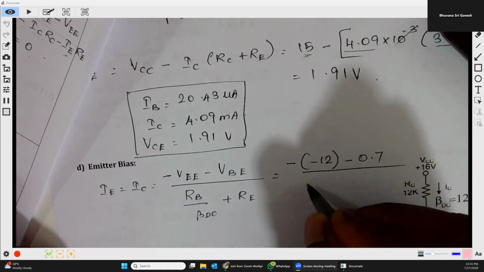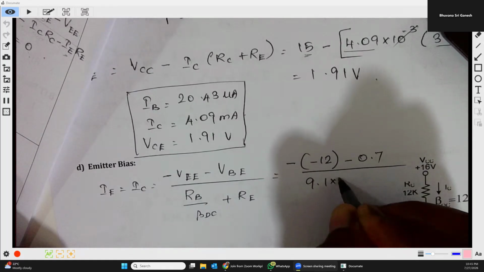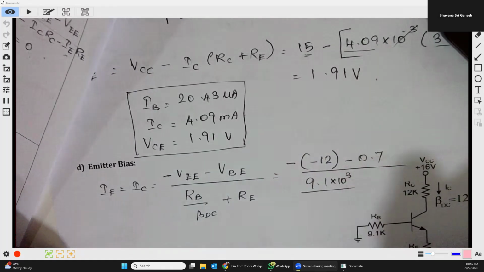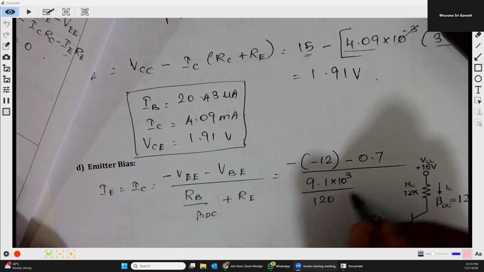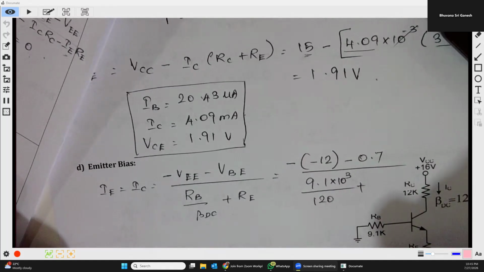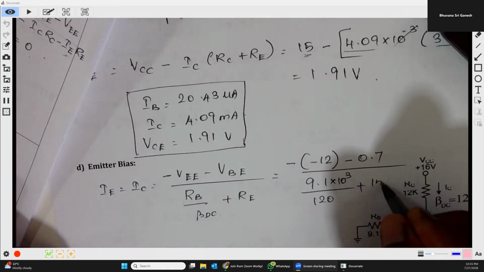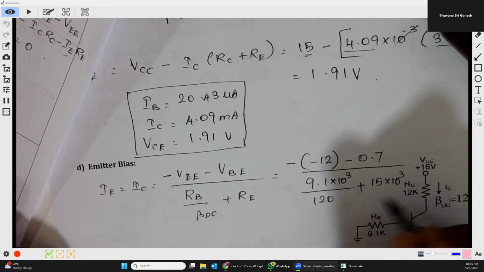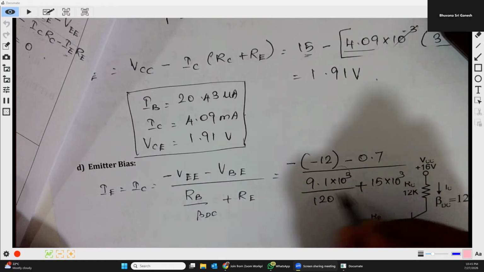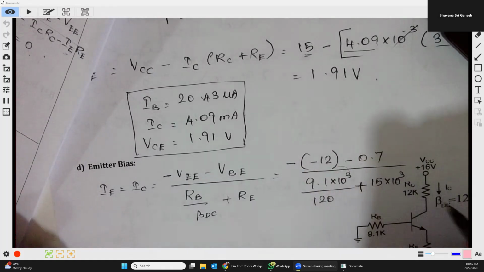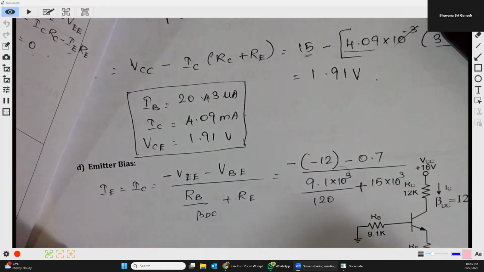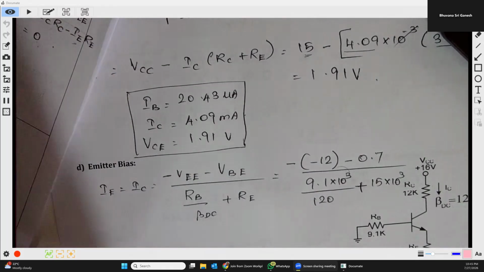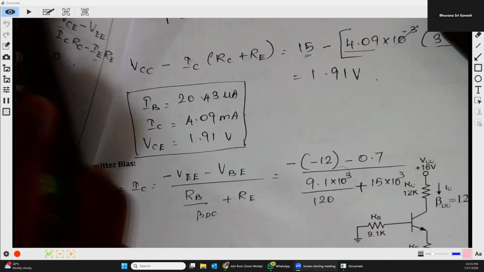RB is 9.1 times 10 power 3 over beta DC is what? 120 plus RE is what? 15 kilo, so 15 times 10 power 3. These two terms are in addition, so 10 power 3 and 10 power 3 is good for direct addition. Now 12 minus 0.7 is 11.3, we know.